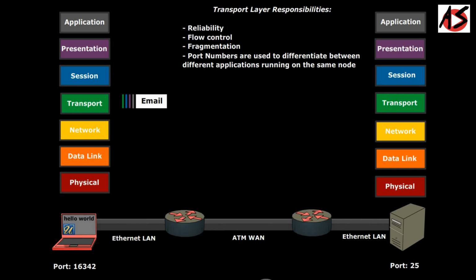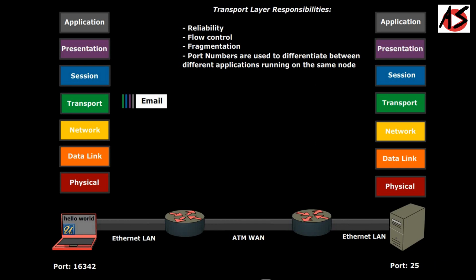Each application process uses a unique port number. In our example, suppose our email application is using port number 16342. We will send this to the email server which commonly uses port number 25.